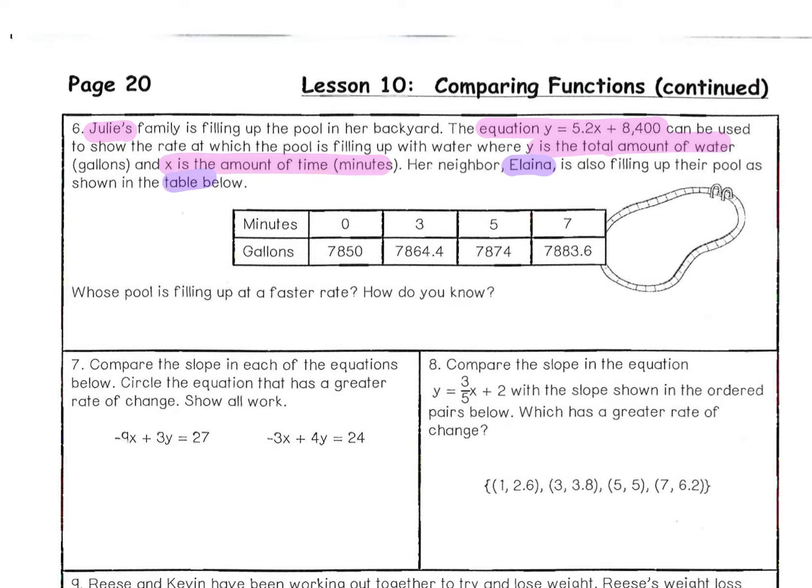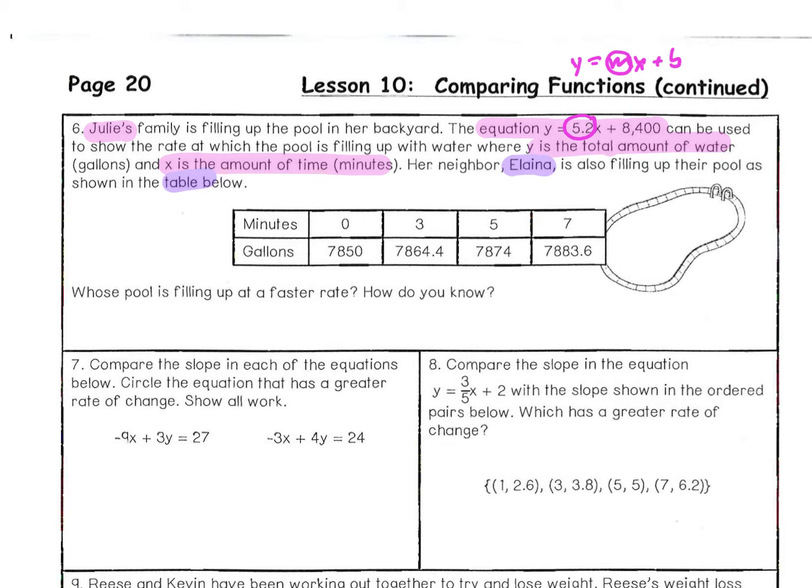So let's start with Julie's information. Julie's information is given as an equation, and if you recall, we have y equals mx plus b, and this equation is in that form. M is the slope or the rate of change. So if we look at this, this is the rate of change. Now we need to put some meaning to that.